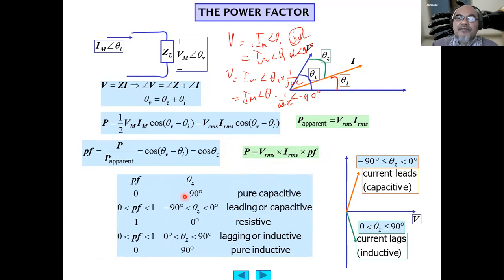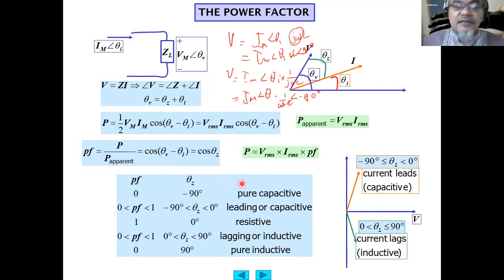In pure capacitive impedance, the power factor will be 0, because the current leads by 90 degrees, or the voltage lags by 90 degrees relative to the current, and cosine of minus 90 degrees is equal to 0. Therefore the power factor equals 0, and the power will be equal to 0.